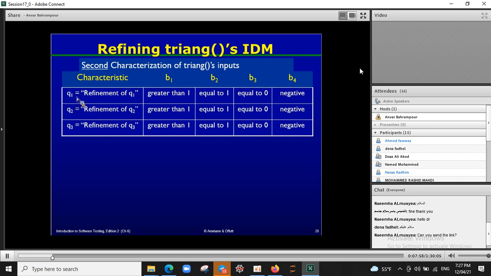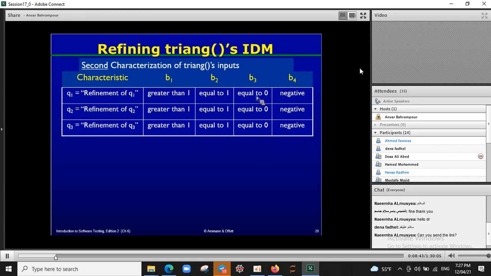For example, in a triangle example, we have 3 sides for each triangle, and for each side we could partition our input domain into 4 blocks according to its relative to 0 or 1 value. So you know that each side of a triangle could be greater than 1, equal to 1, equal to 0, or negative value.